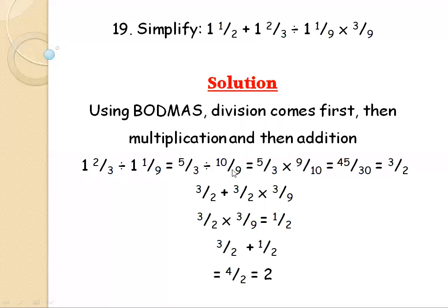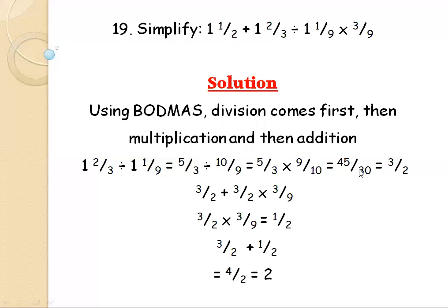So 10 over 9. I want to change this division sign to multiplication, and what that means is that my denominator will become my numerator, and my numerator will become my denominator. So 5 over 3 multiplied by 9 over 10. 5 times 9 is 45, 3 times 10 is 30.